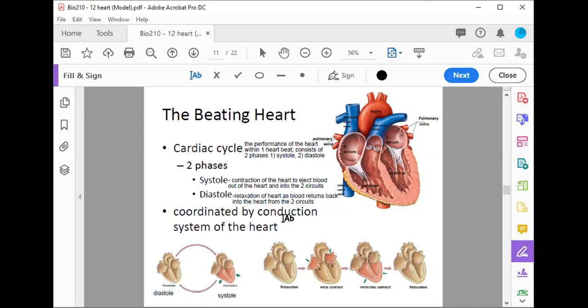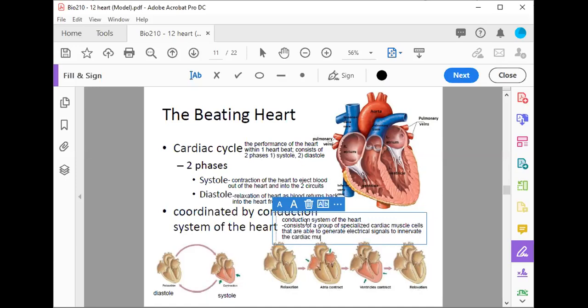The conduction system consists of a group of specialized cardiac muscle cells that are able to generate electrical signals to innervate the cardiac muscles.